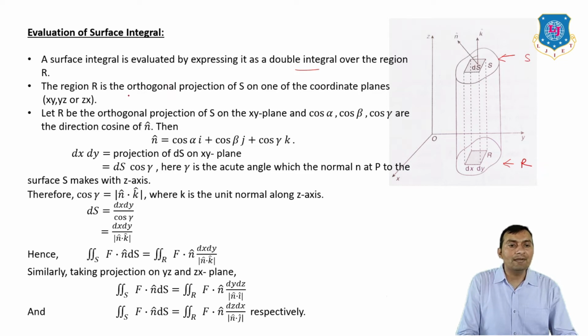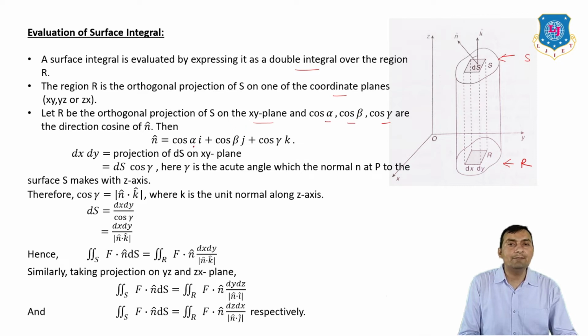Similarly, the region R is the orthogonal projection of S on one of the coordinate planes: xy, yz or zx. Let R be the orthogonal projection of S on the xy plane, and cos alpha, cos beta and cos gamma are the direction cosines of n cap. That is the standard form.